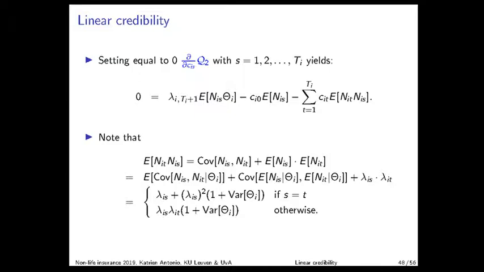But when s is different from t, the first term in our expression is 0, because N_is and N_it are independent given theta i. That was one of our previous assumptions. The second term reduces to lambda_is times lambda_it times the variance of theta i. Putting all of this together, you will find the expression printed at the bottom of the sheet.